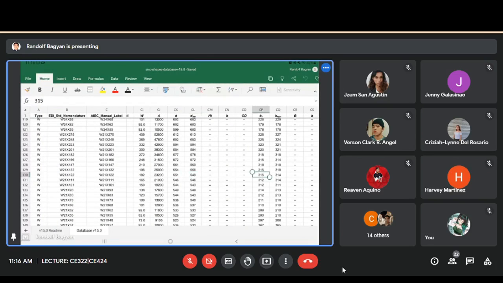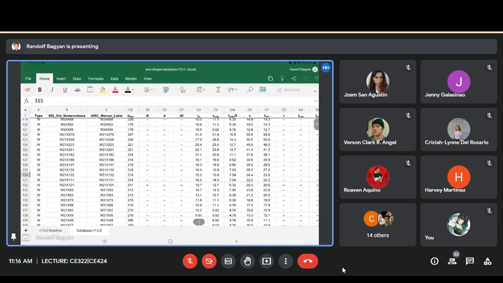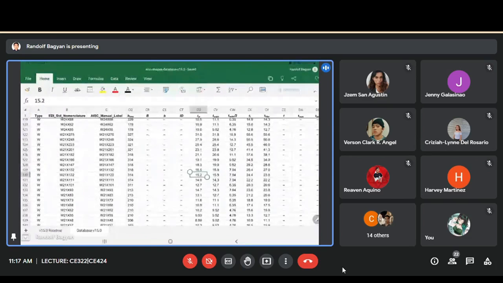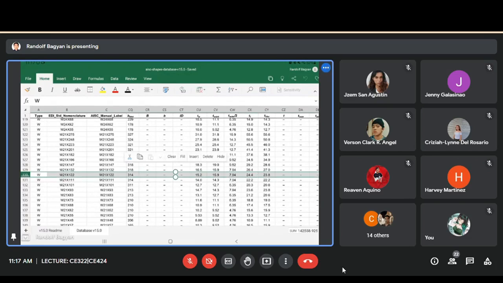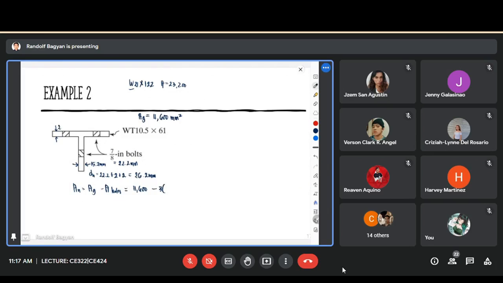Thickness of the flange, this is flange thickness TF, and TW, thickness of the web, 15.2 mm. Tapos yung flange thickness is 24.4 mm.